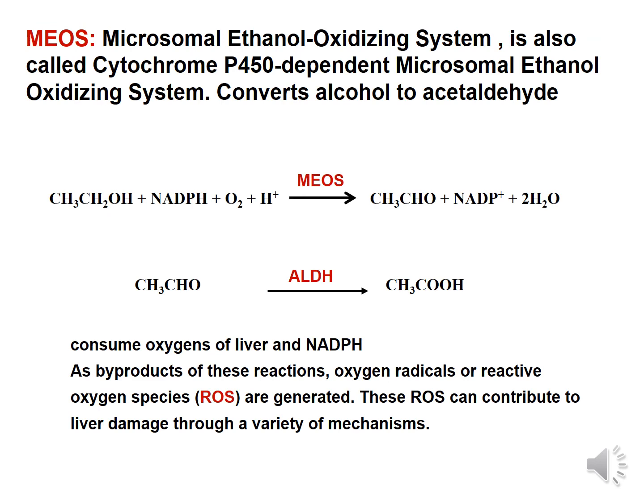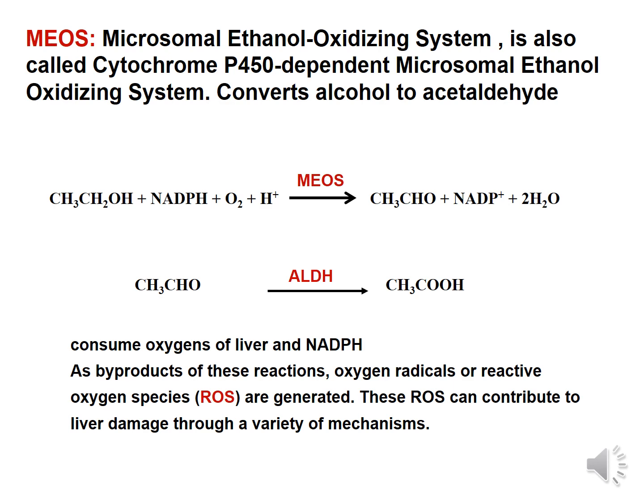The microsomal ethanol oxidizing system is also called the cytochrome P450 dependent microsomal ethanol oxidizing system. This system converts alcohol to acetaldehyde. After higher alcohol consumption, this system plays a role in alcohol metabolism. In people who consume alcohol at moderate levels or only occasionally, most of the alcohol is broken down by alcohol dehydrogenase and aldehyde dehydrogenase.